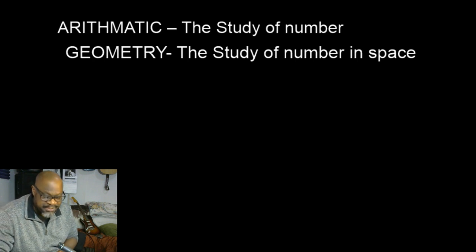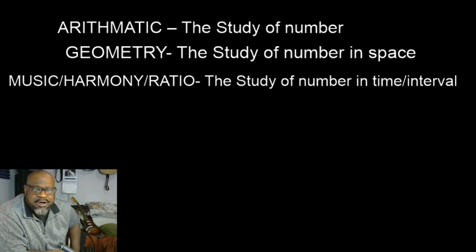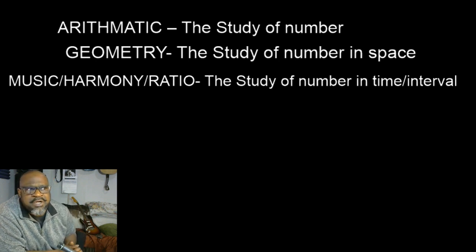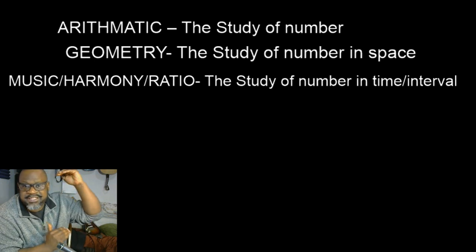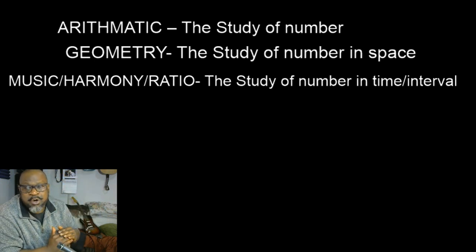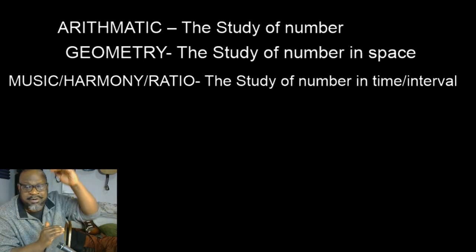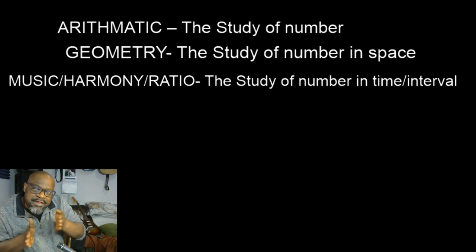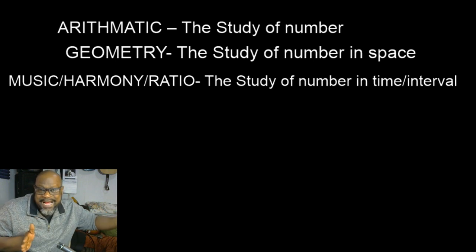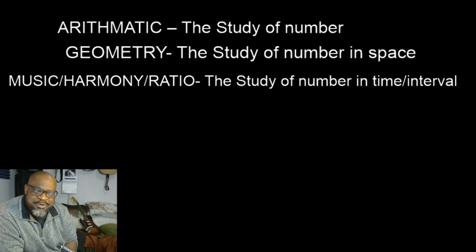The next subject is music, harmony, or ratio. I've grouped all three of these together because music is not simply just a number in time, but it also has a lot to do with interval when we talk about chords, if we're talking about thirds, fifths, sevenths, things of that nature, which have more to do with the interval of the frequency, as opposed to the study of number in time, which also is music when you think of the time signature, if you will.